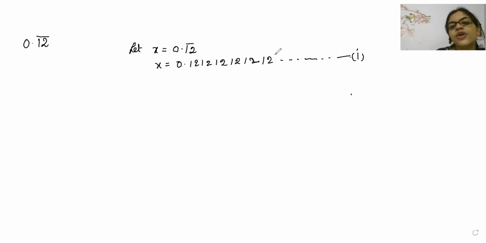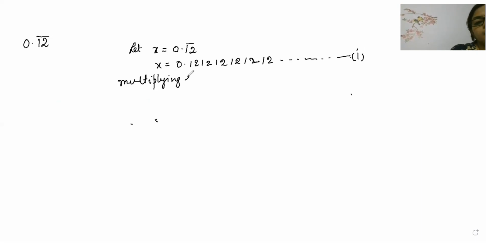Now beta, with what are you going to multiply equation 1? It will become 100x is equal to 0.121212, keep on going, into 100.